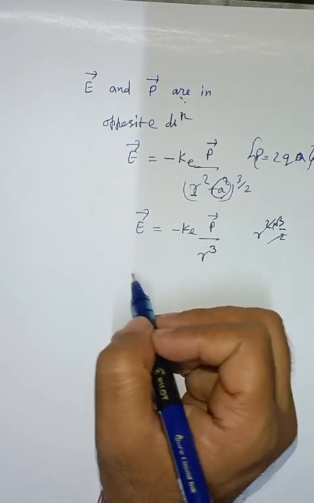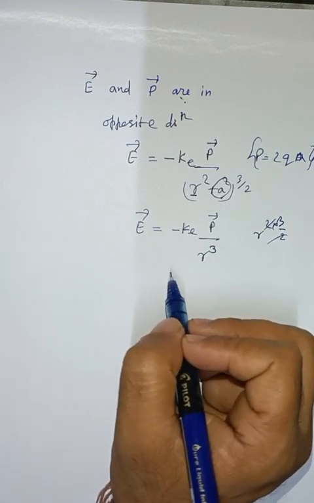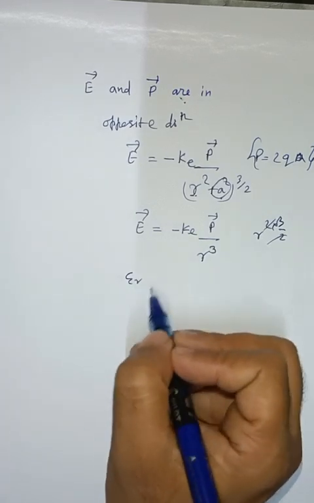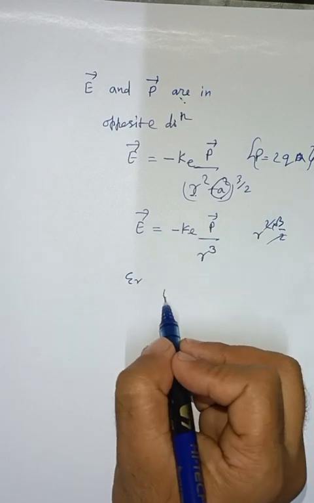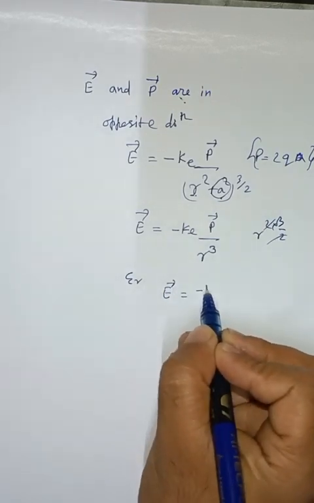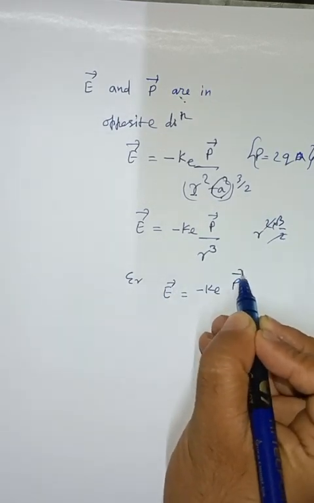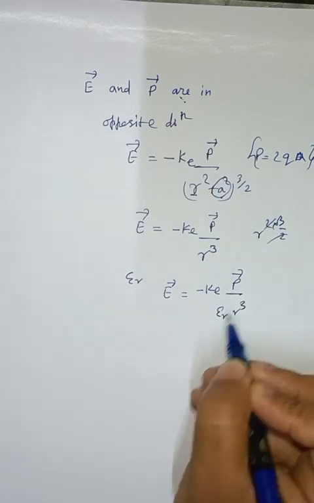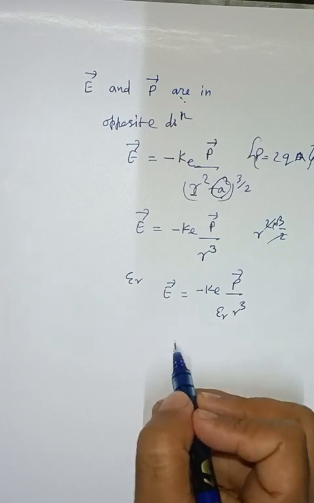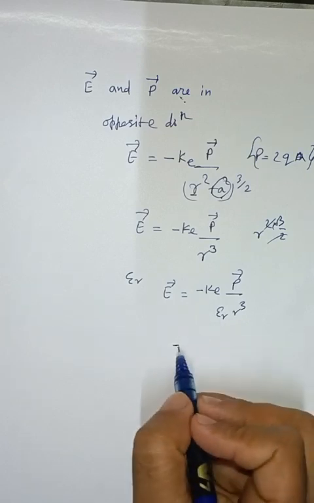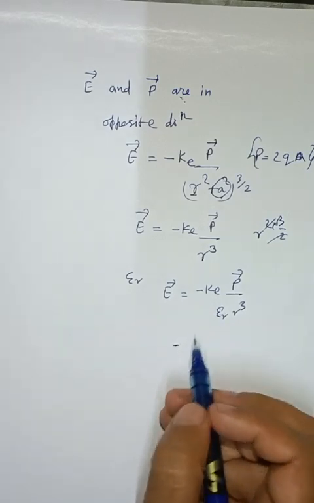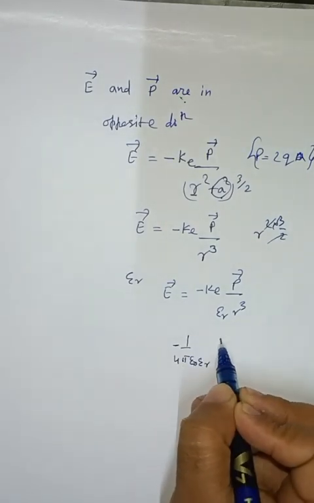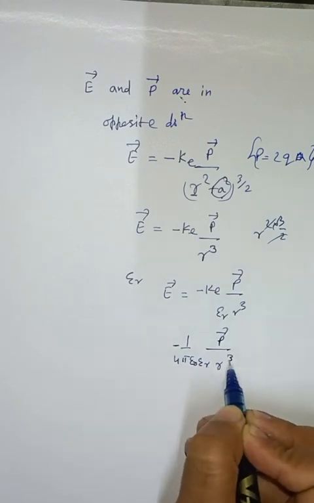If the dipole is situated in a medium of relative permittivity ER, then E equals minus KE vector P upon ER r cube. If we take the value of KE, it is minus 1 upon 4 pi epsilon naught ER, vector P upon r cube.